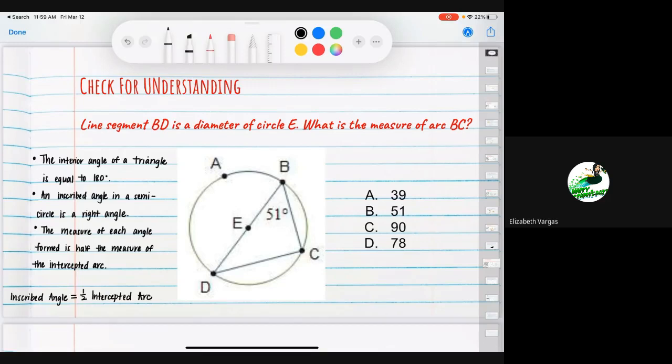What is the measure of arc BC? So we're looking for the measure of this arc right here. And what we're going to have to do is put together some information that we know already. So I'll give you guys about a minute to look at this one. Again, answer in the poll or the chat box, and then I'll go over it with you. Okay? So take about a minute to answer this question.